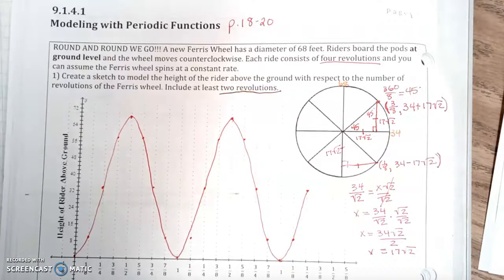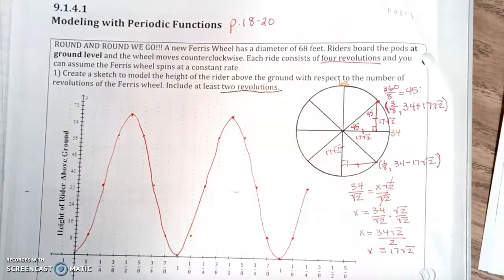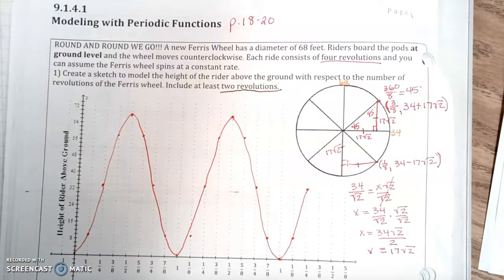Okay, so if the total diameter is 68, that means the radius is going to be what? 34, right? Yes?